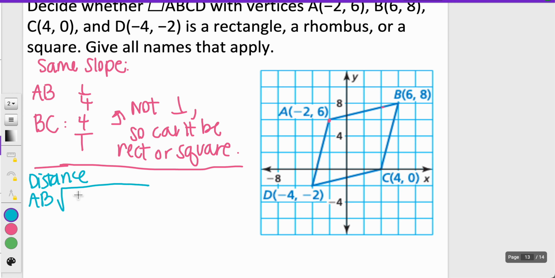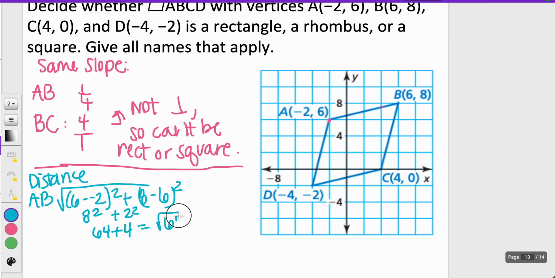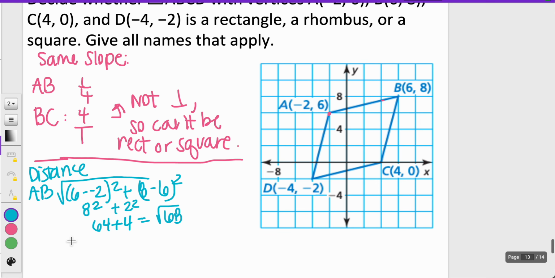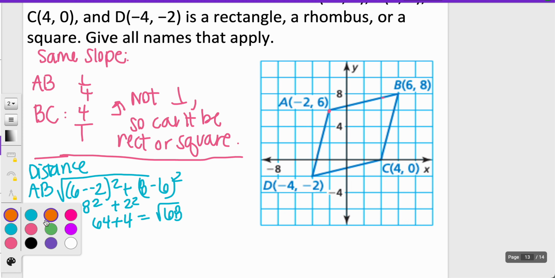That means I'm going to take my x's, 6 minus negative 2 squared plus 8 minus 6 squared. Okay? That'll be 8 squared plus 2 squared, or 64 plus 4. So AB's distance is the square root of 68. That just means in order for it to be a rhombus, everything else has to be a square root distance of 68.